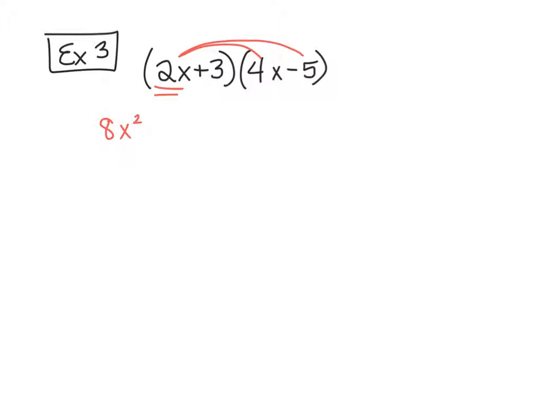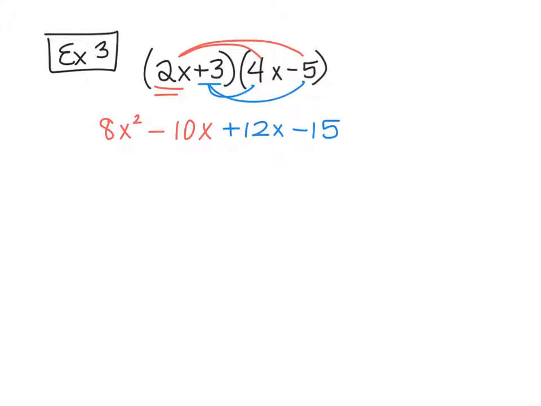And then 2x times negative 5 is minus 10x. Now my second distributive problem is to distribute the 3, which is going to give me plus 12x. And then 3 times the negative 5 is minus 15.